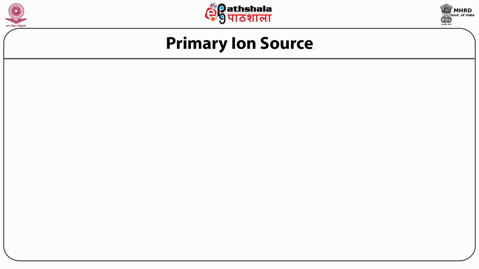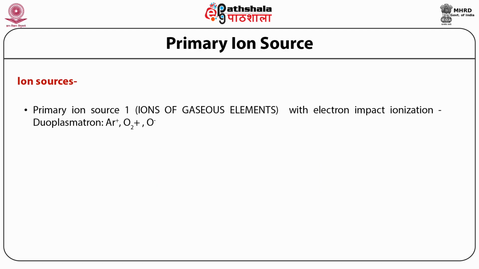We'll describe what the ion source is, or we call it the primary ion source. Here, primary ion source 1 is ions of gaseous elements with electron impact ionization. Duoplasmatron, as we call this, uses argon plus, oxygen plus, and oxygen minus, or O negative as we put it.